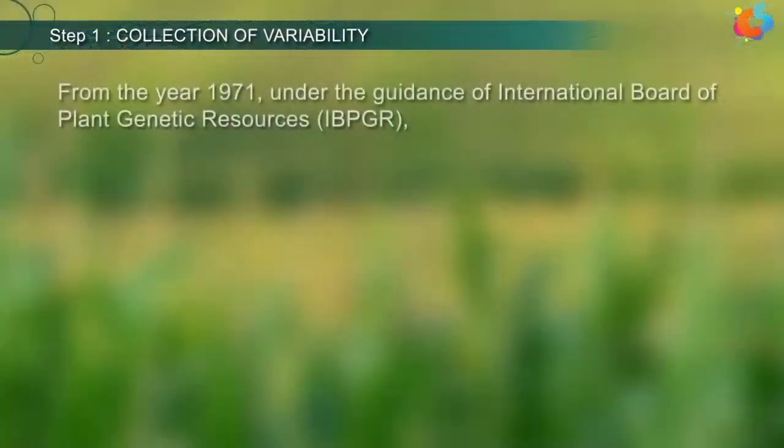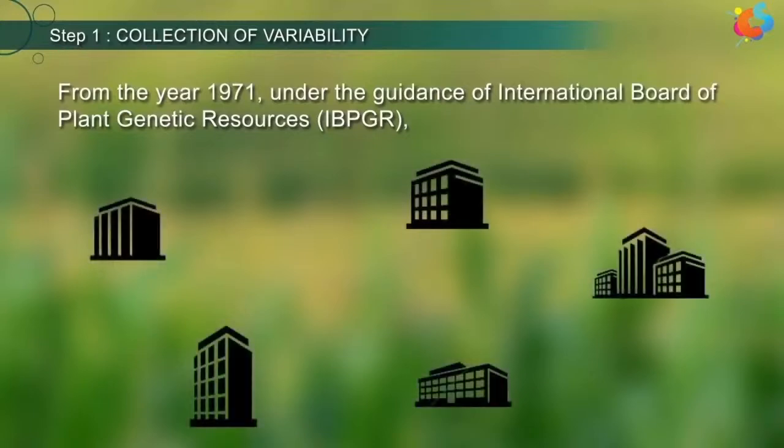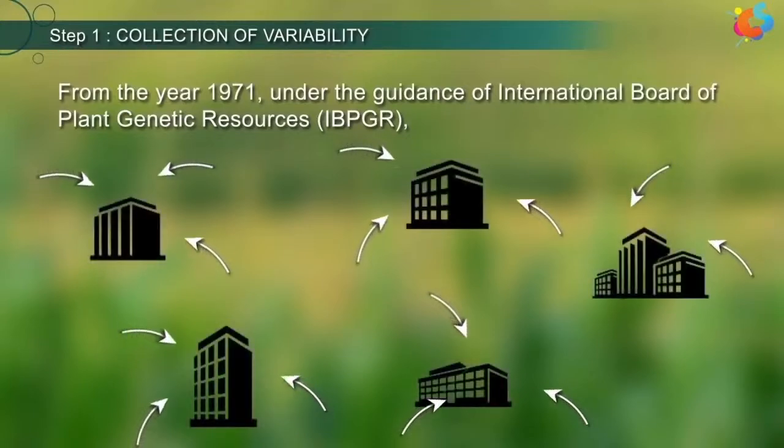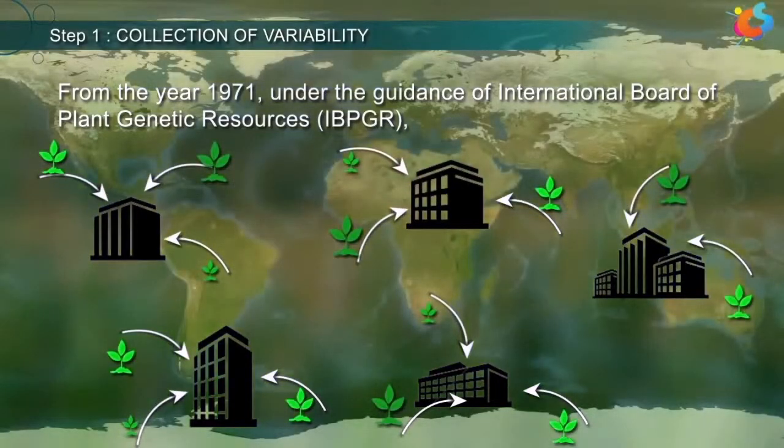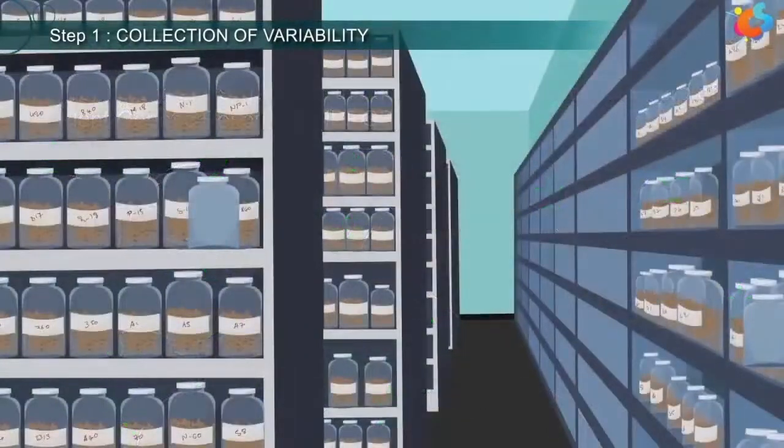From the year 1971, under the guidance of the International Board of Plant Genetic Resources, IBPGR, several institutes have started collecting all the naturally available plants and seeds, having all diverse alleles for all genes in a given crop, from different geographic locations on this planet, and made a library out of it.